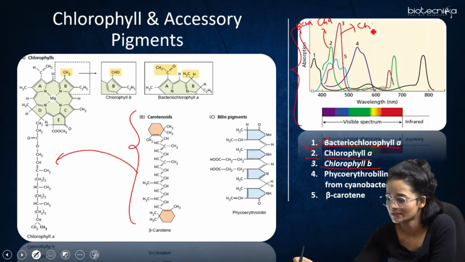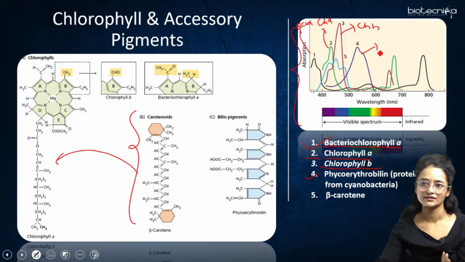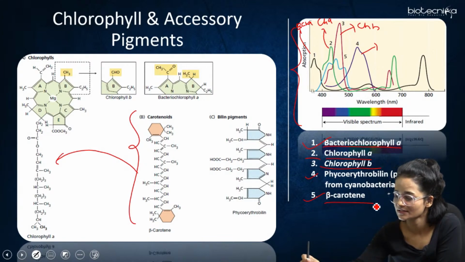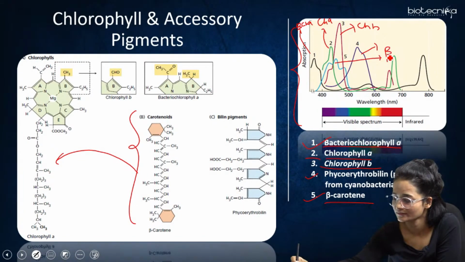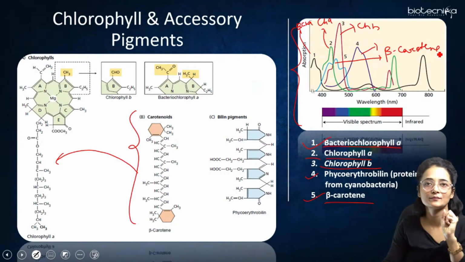And the fourth curve is for chloroerythrobilin, which is a protein present in cyanobacteria. And the fifth curve shows the spectrum for bacteriokeratin, beta keratin. So this is the spectrum for all these pigments that is being shown here.